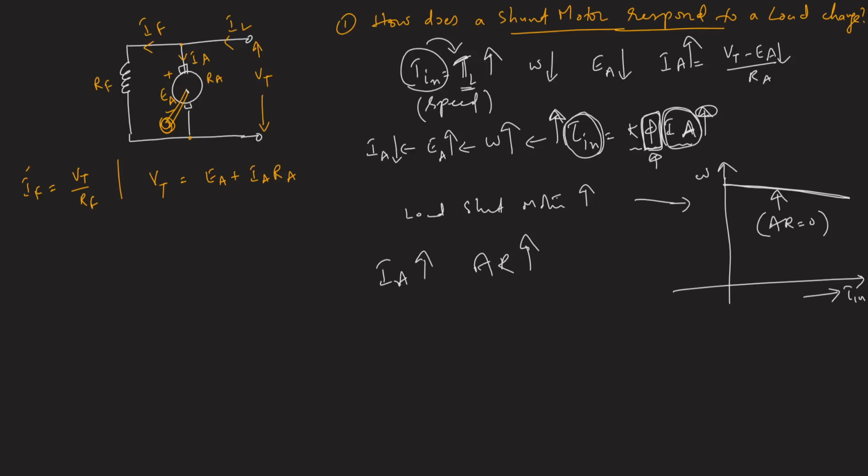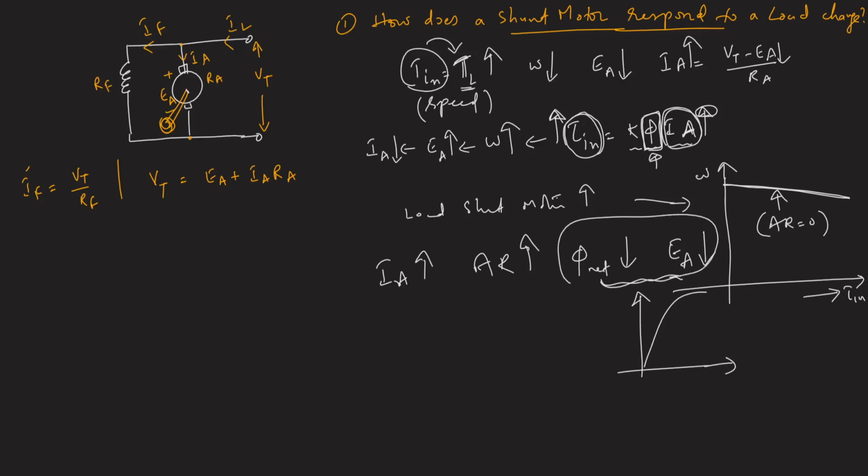When the armature reaction increases, the net flux in the machine reduces. When the net flux reduces, Ea, the back EMF, also reduces based on the magnetization curve. Now it is not linear. This relationship depends on the OCC, which is not linear.